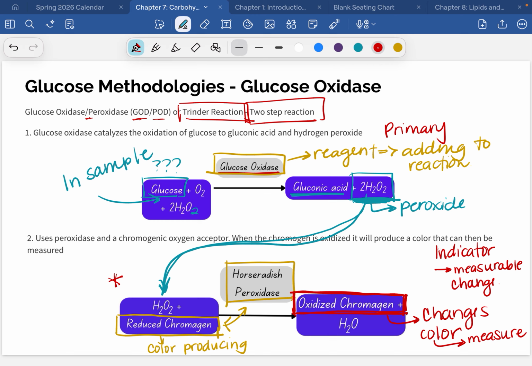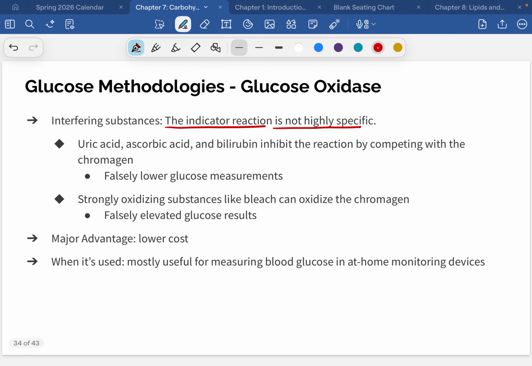And it actually also reacts with several other things. So that indicator reaction isn't always specific to the glucose measurement. And so those interfering substances, the indicator reaction is not highly specific.